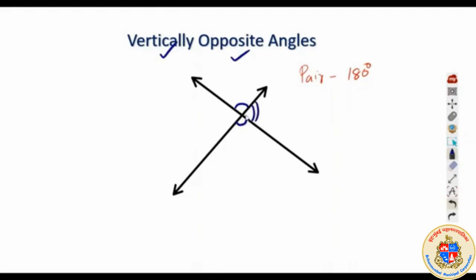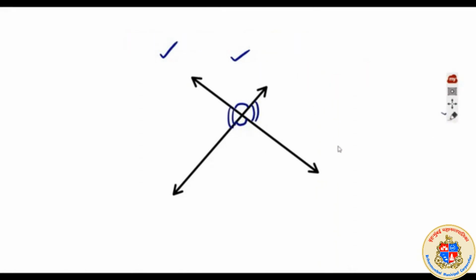They are congruent, they are equal. Two pairs of vertically opposite angles are formed. So remember all these things, because I am repeating them, as they are very important for future understanding of geometry.